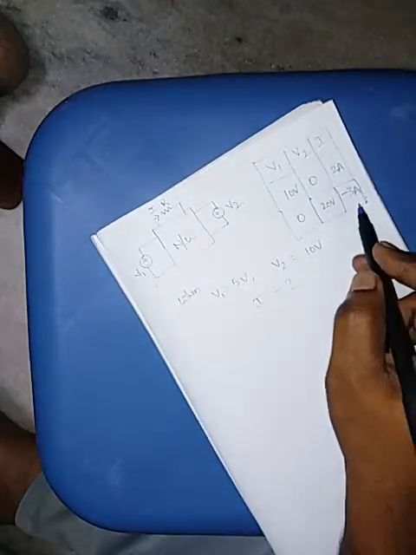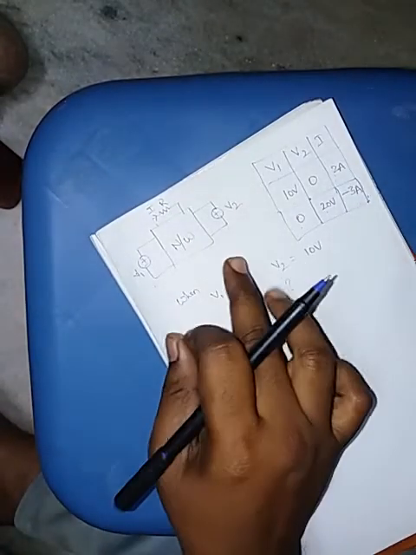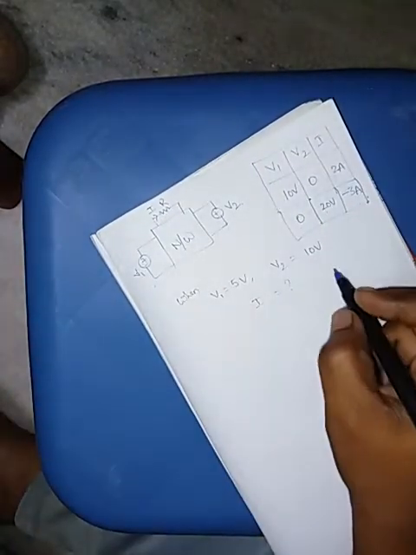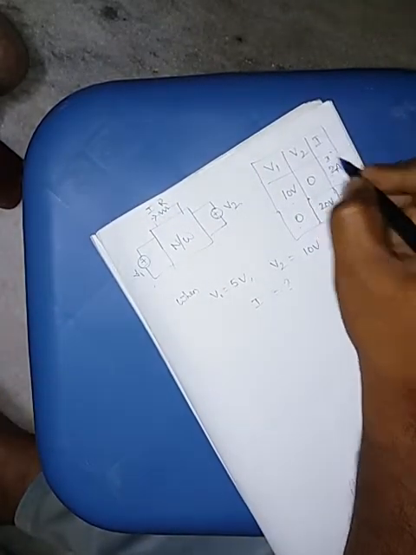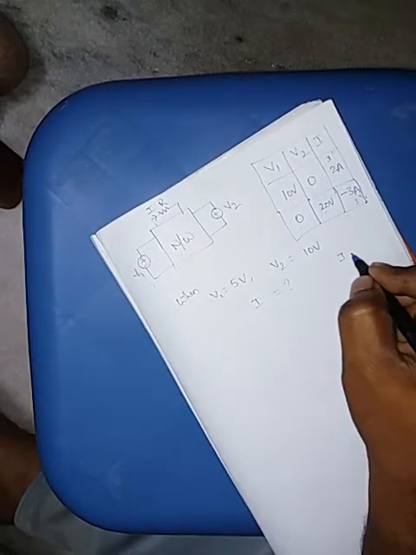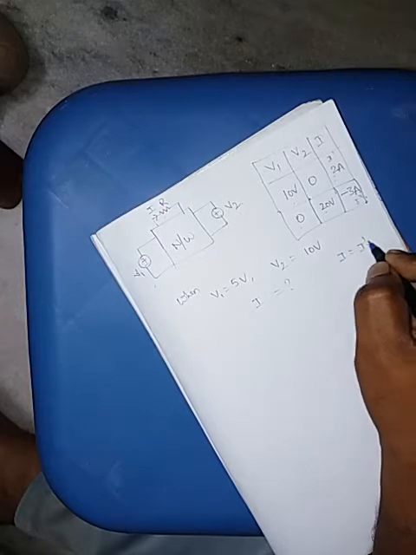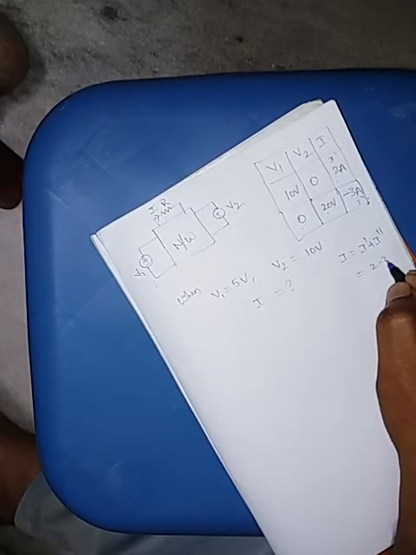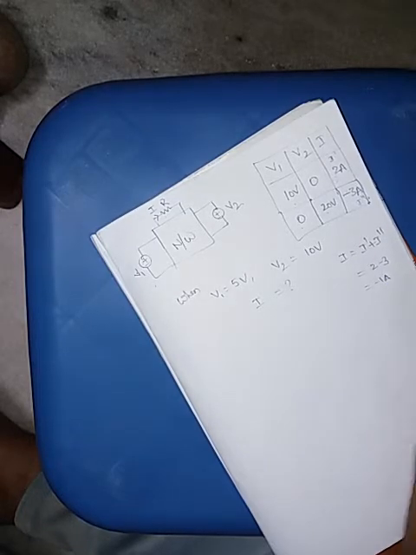Then the current is minus 3. So now when the circuit acts with these values, how much current I is there? Let this be I dash, and here it is I double dash. So now the current I is equal to I dash plus I double dash. This is 2 minus 3, minus 1 ampere.